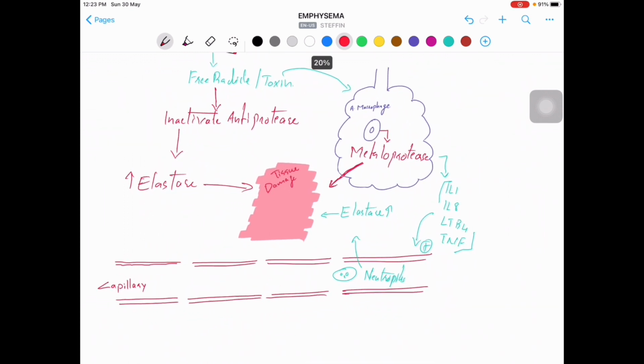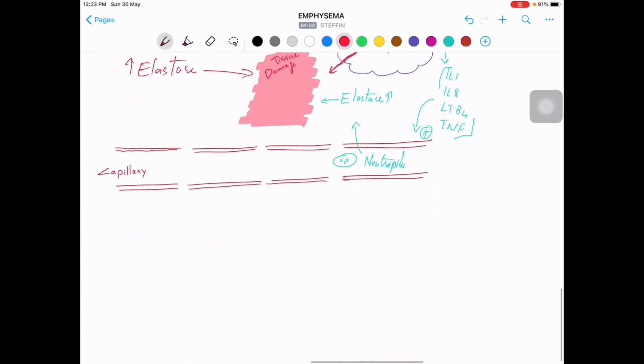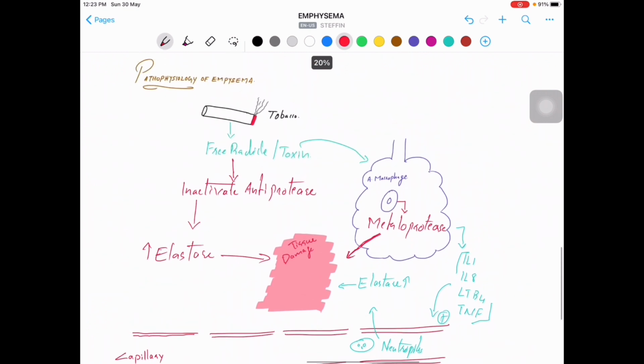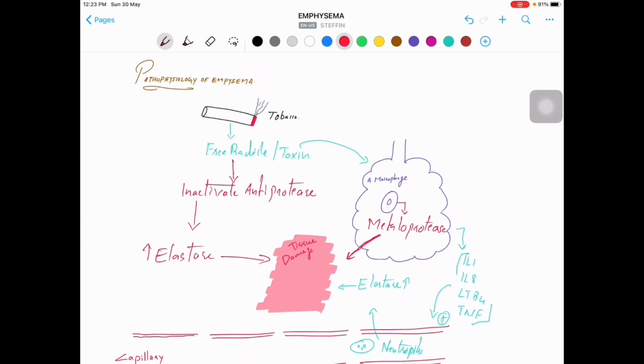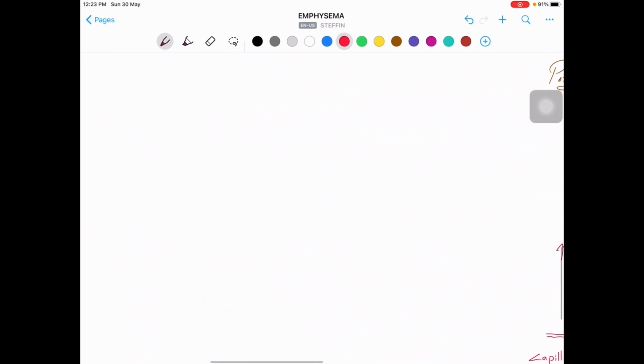This is an overall idea of the pathophysiology of emphysema. Simply we can say that it's an imbalance between protease and antiprotease, or an oxidant and antioxidant imbalance. So let's see the clinical features of emphysema.